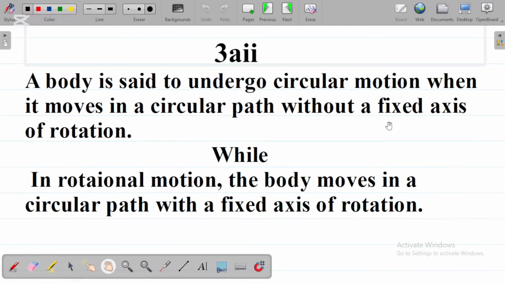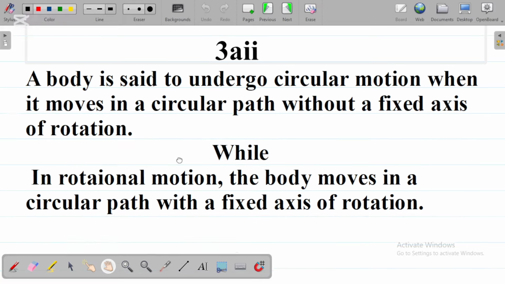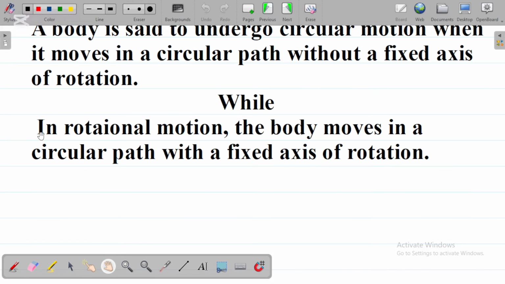A body is said to undergo circular motion when it moves in a circular path without a fixed axis of rotation, while in rotational motion, the body moves in a circular path with a fixed axis of rotation.